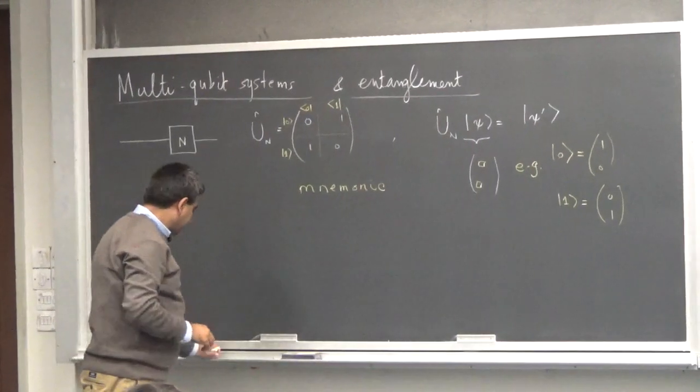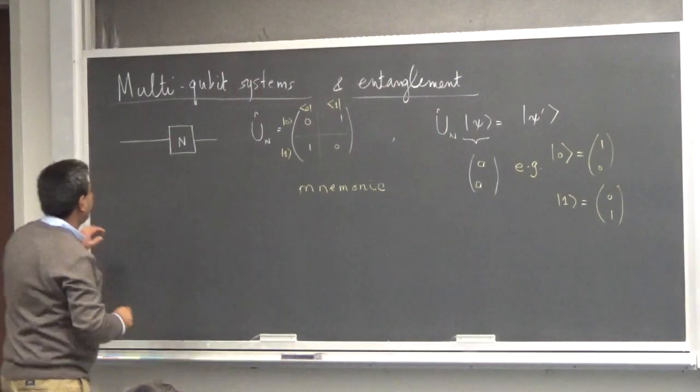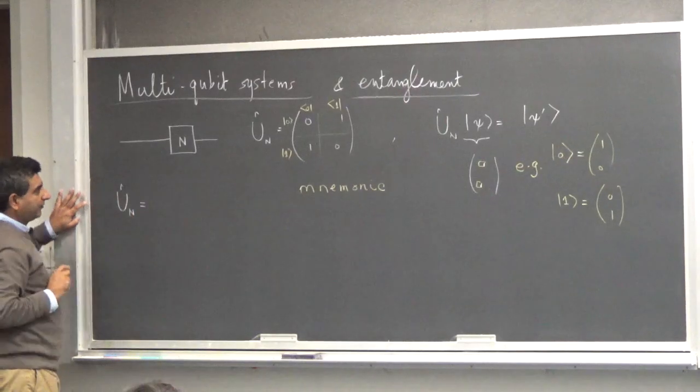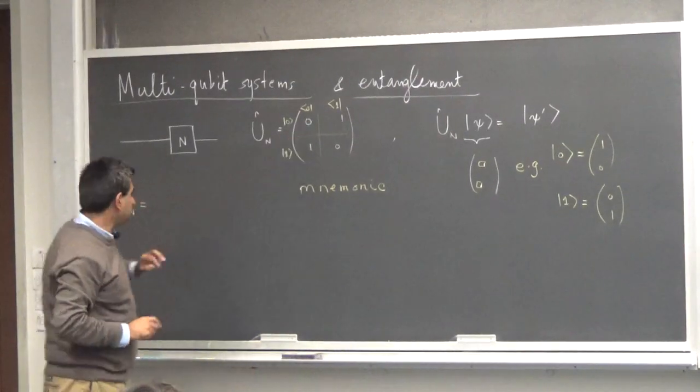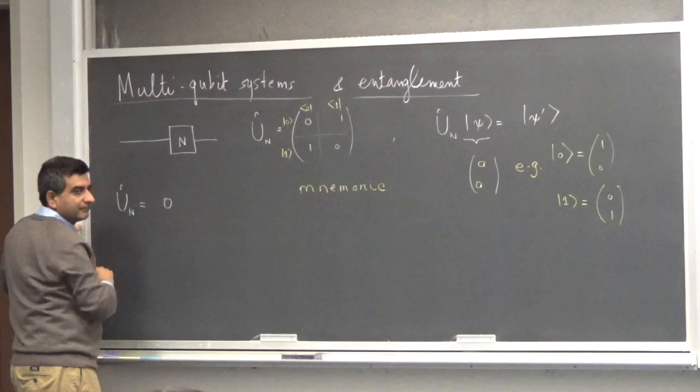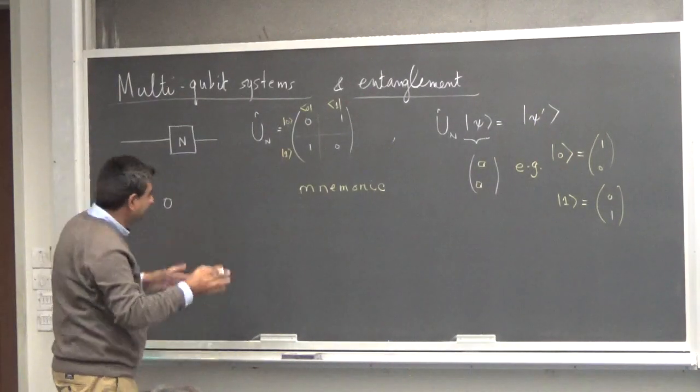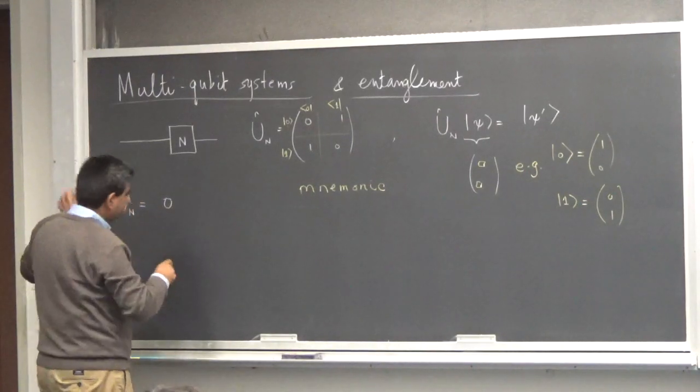which means that this unitary operator could be written in the following form: coefficient 0 with a device. I'm calling it a device because you haven't seen this before, at least in this course.